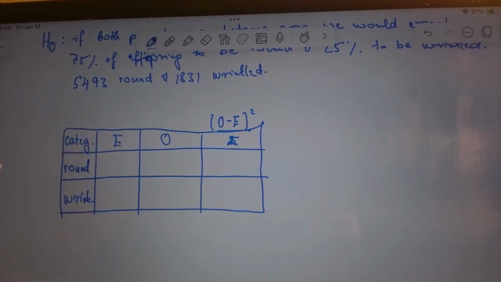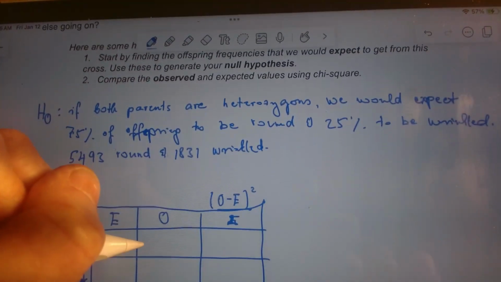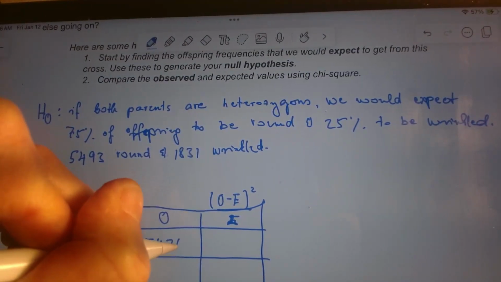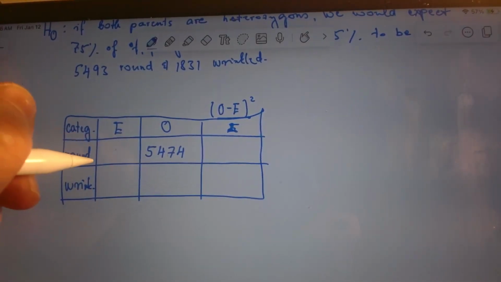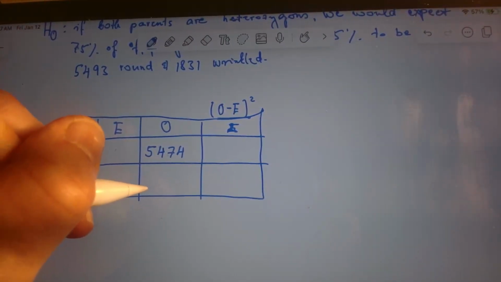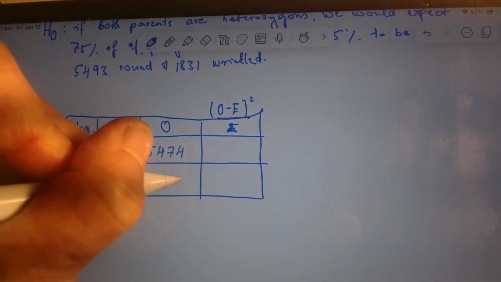And now what we observed was, it's in the text, 5,474 round, and the wrinkled one, 1,850.